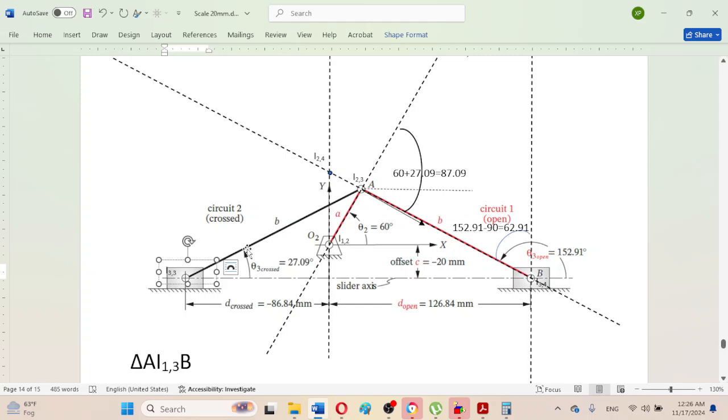As the connecting rod is different, I can use 3 dash, I3 dash and 4 dash, for example, just to make it distinguished from this right slider position. So I have used this dash symbol for this slider. So this is I3 dash, 4 dash.